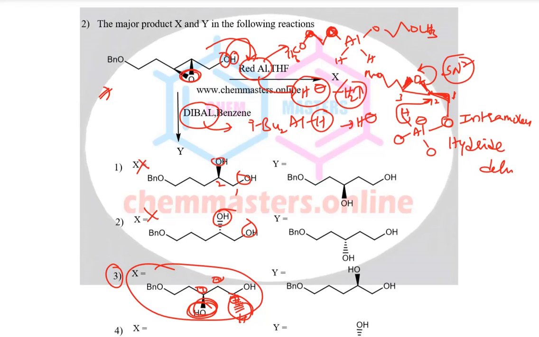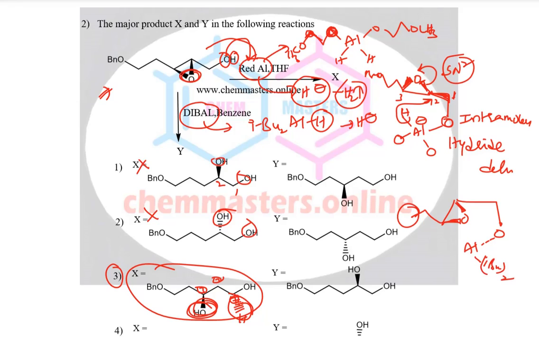So how can DIBAL react? Here just draw the reactant. Okay, so here the next part, and here just to say the hydroxy group which is interacting with that aluminum of DIBAL. So here we have the isobutyl group.